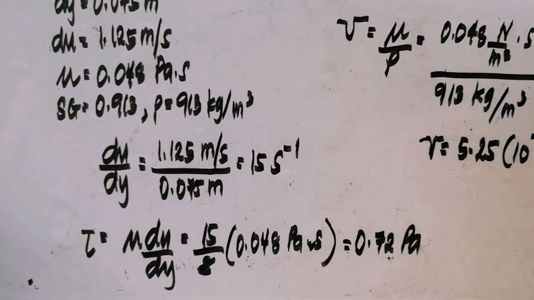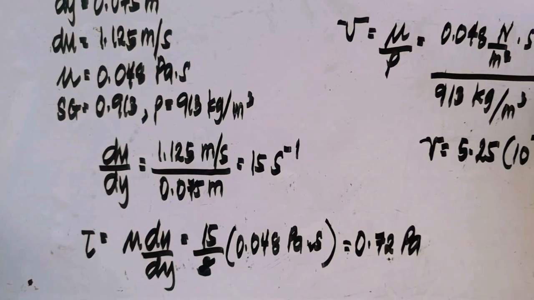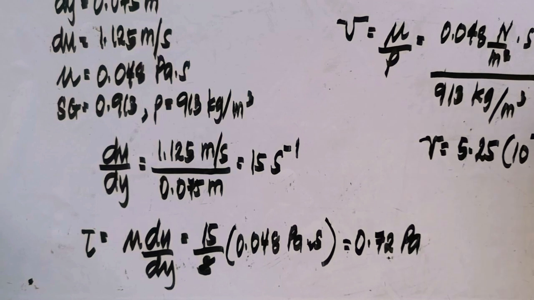So, the Newton, right, is kilogram meter per second squared. Multiply by second over meter squared over kilogram per meter cube.